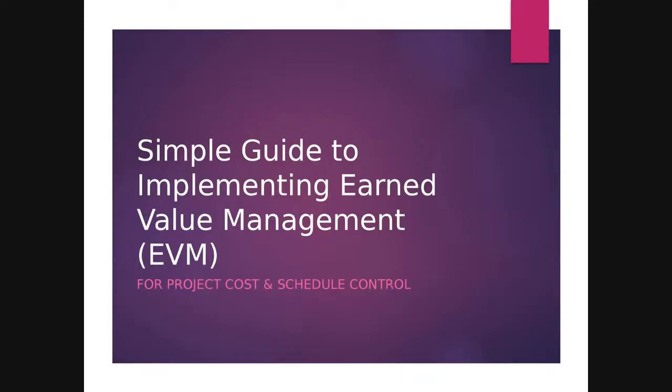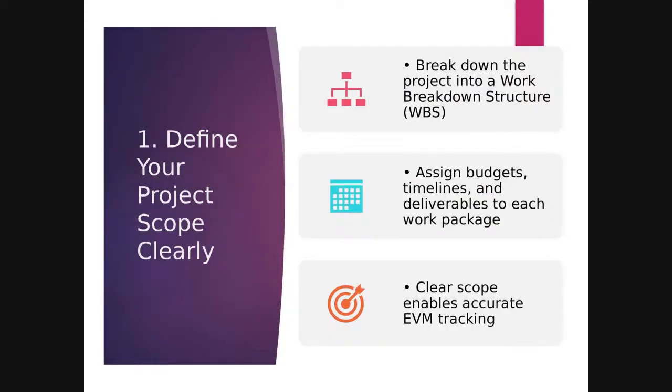So, if I was to give you a very simple guide to implementing earned value, it would have to start off with a very clear scope. So, you got to break down the project into a WBS. You got to assign budgets, timelines, deliverables. Your scope has got to be clear.